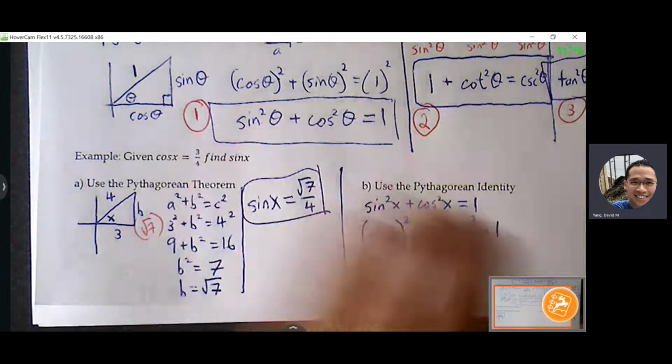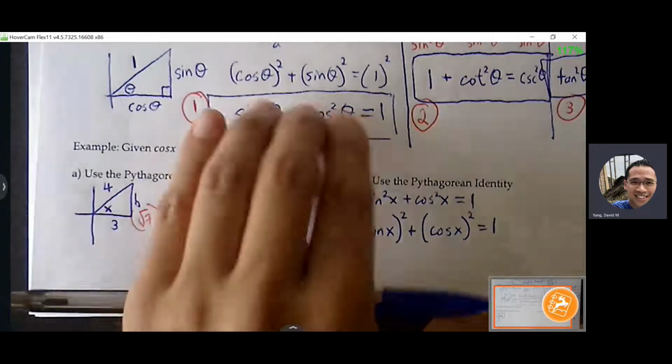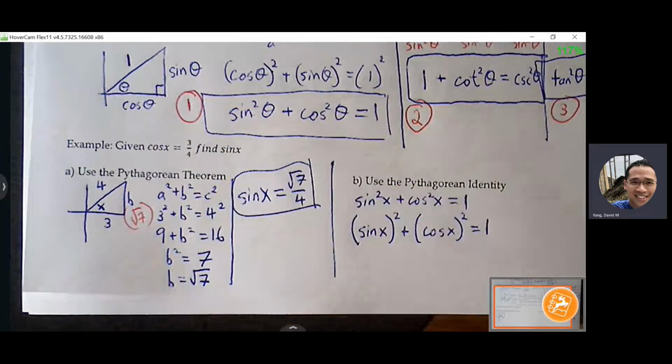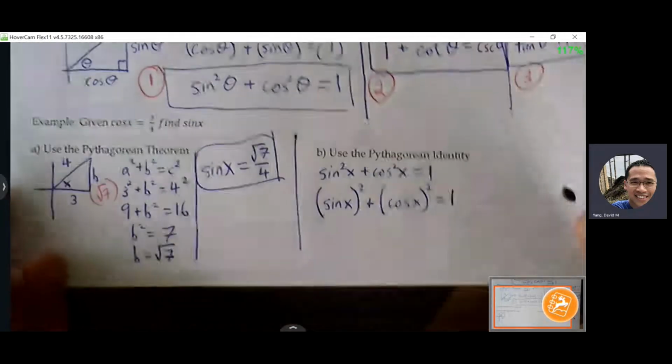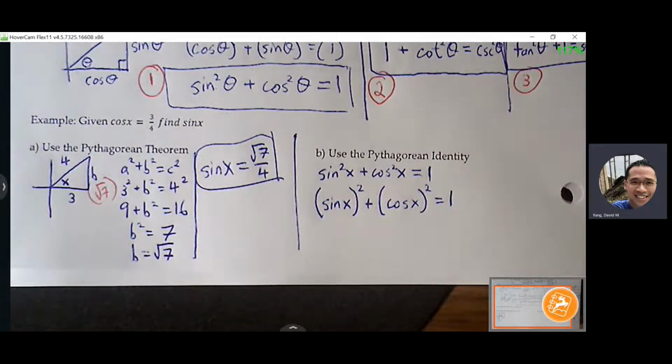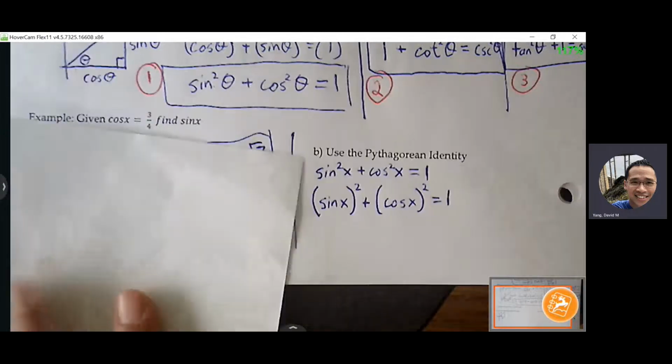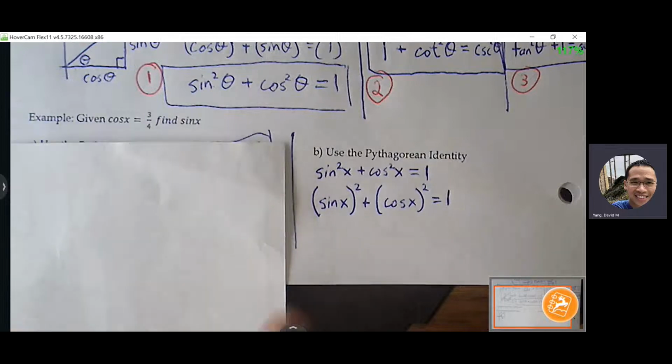So we're not building this from this triangle. We're taking it from this known identity that we're going to be using over and over again. Okay, so we can cover up part A because we're not looking at anything for part A. We're just going from the example directly to part B. That's all we're looking at there. What substitution can I make?